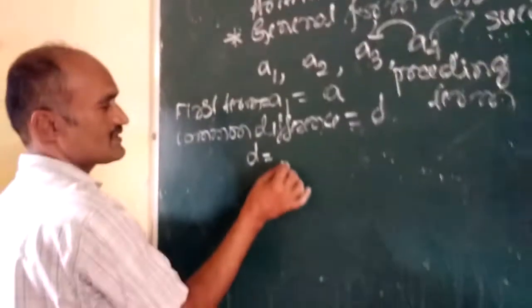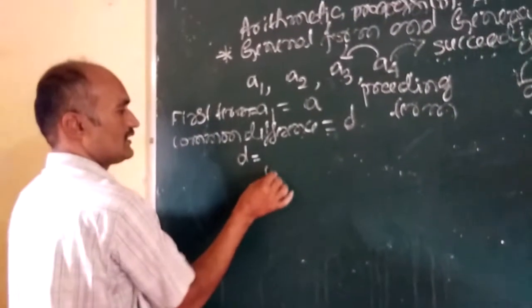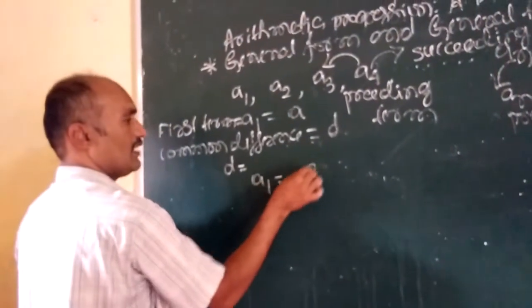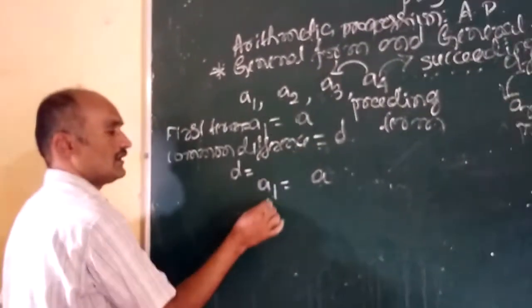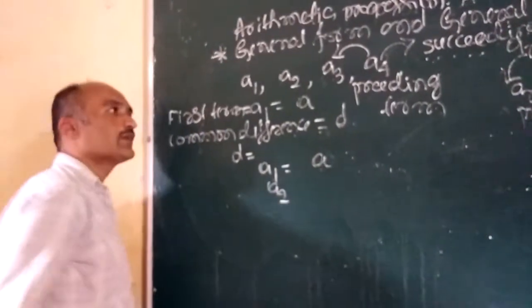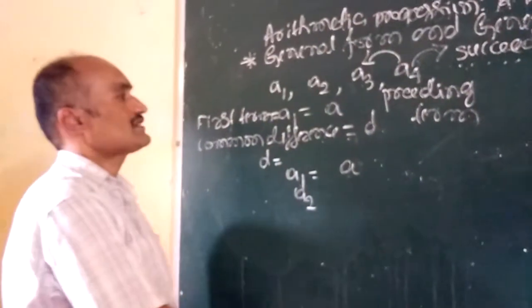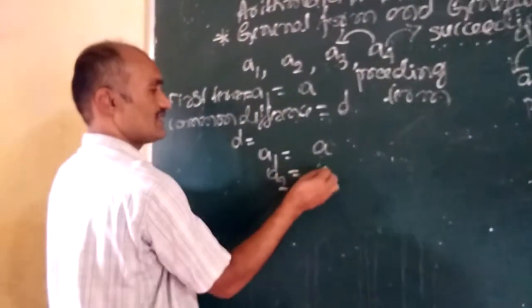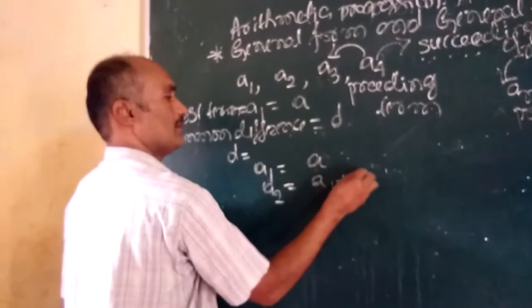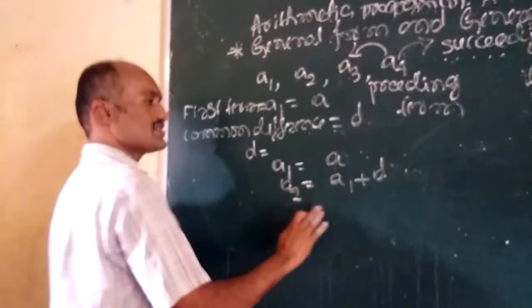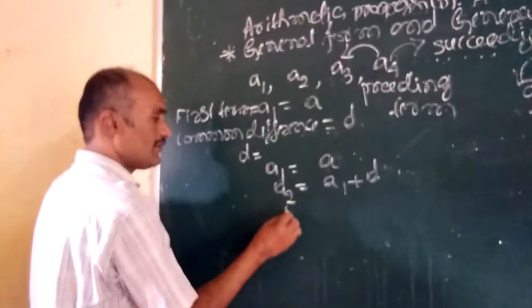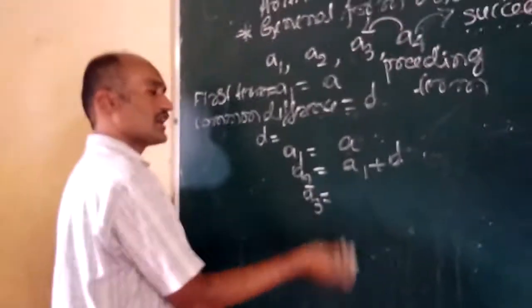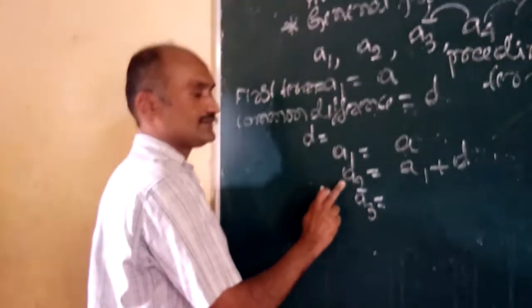Okay, first term is A, common difference is D. So A1 is A. A2: in arithmetic progressions, for the second term the common difference is added. So A2 is A1 plus D. For the third term, the common difference is added to the second term.